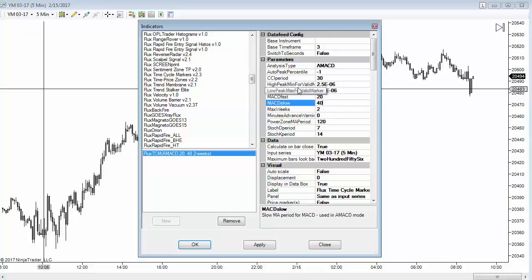And for the purposes of all of my experiments, contrary to what you've seen in other classes, I'm not using any filter. So here, my high peak, low peak setting is near 0. So I don't have any filter values.